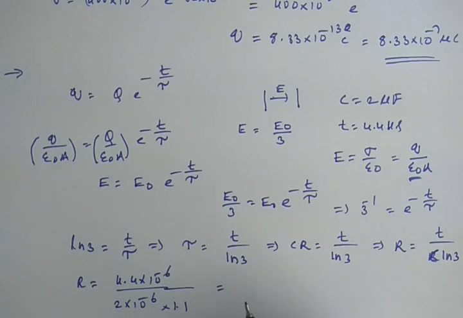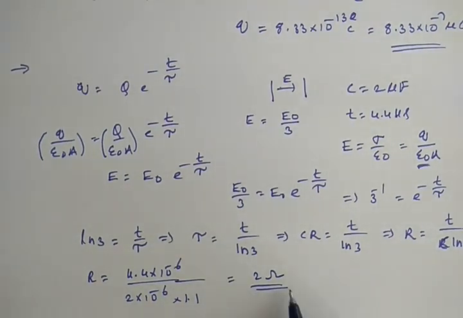So you can cancel 10 power minus 6 with 10 power minus 6. So roughly your answer will be 2 ohm. Your answer will be roughly 2 ohm.